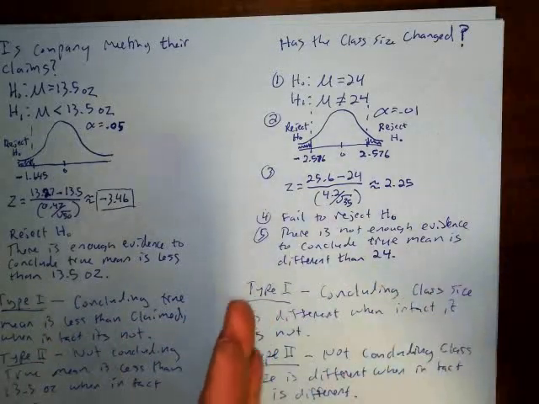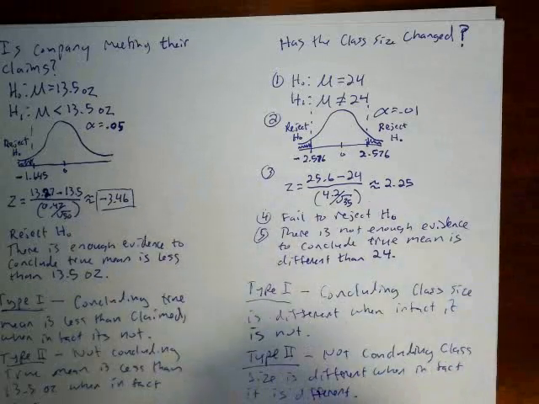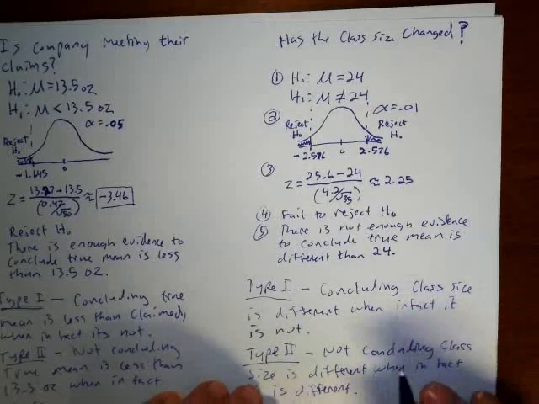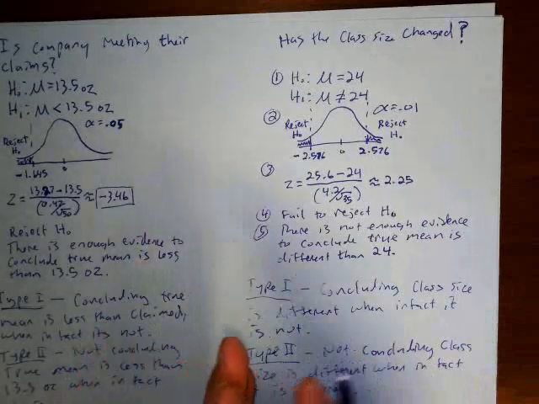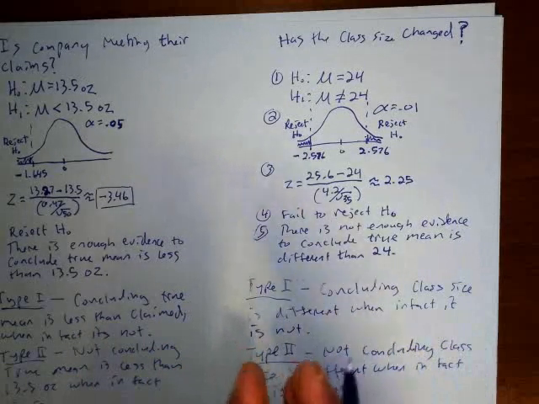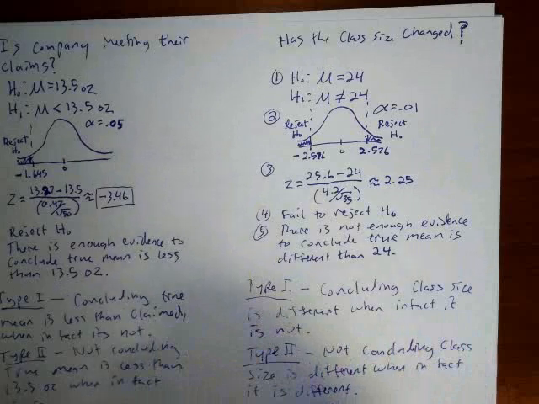You're going to see it. There'd be a very, very small chance of committing the type 2 error. But if it's only a small change, like 23 students or 25 students, there's a pretty good chance you might be making the type 2 error.